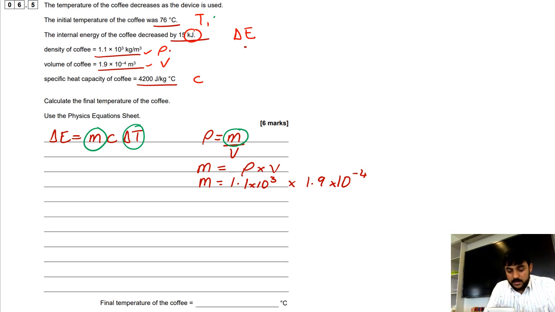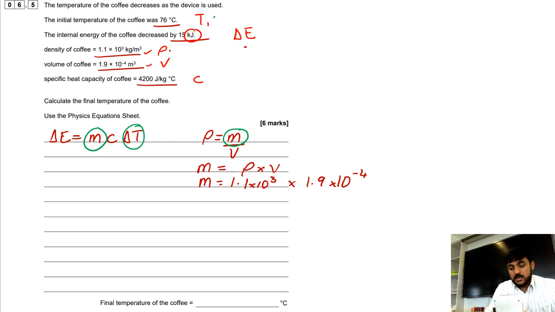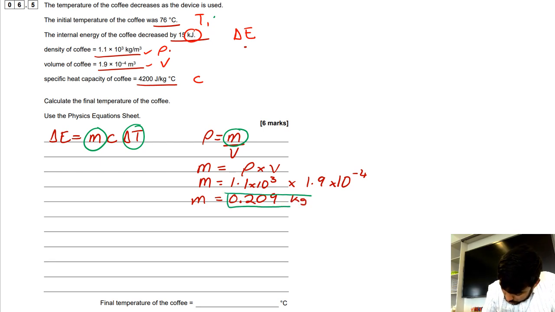Times by 1.9 times 10 to the minus 4. Equals, mass is equal to 0.209 kilograms. I'm going to put a green box around it just to remind me. Then I can move on to the next question.